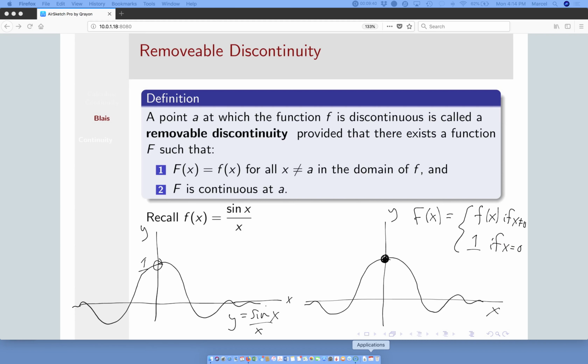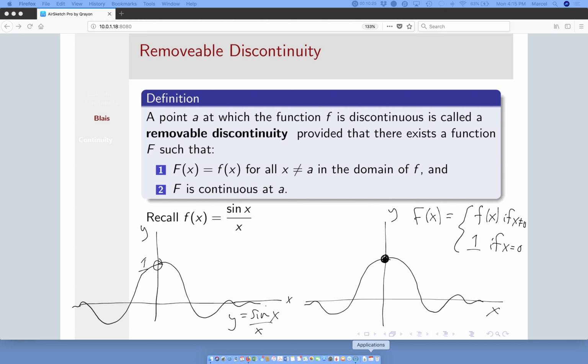So this new function, by definition, is equal to the old function everywhere except when x is 0, and then we fix it when x is 0. And so that's the definition of a removable discontinuity: if there exists a function, capital F, that repairs that discontinuity of the old one. It's really just going to be the case of when your function has a hole. So when you see questions that ask if a discontinuity is removable, and can you find the function that fixes it, this is the idea. You repair the function at the trouble spot.